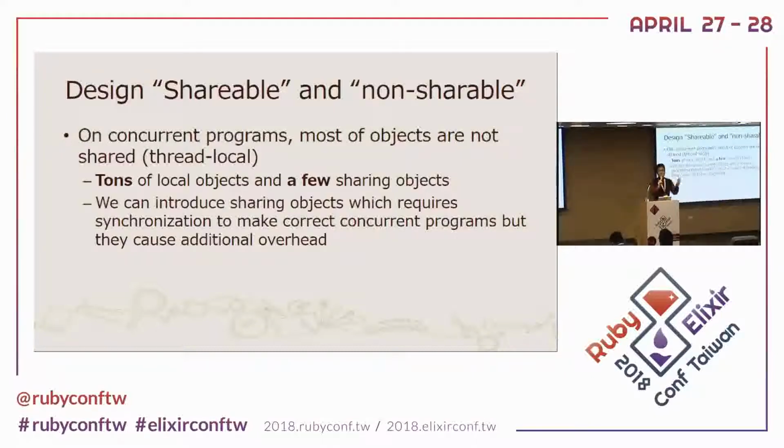It means that most objects are thread local. For example, we make some programs and calculate something and make some arrays or strings or hashes, and, as Matsuda-san's presentation says, almost all are thread local. So we don't send such objects to other threads.